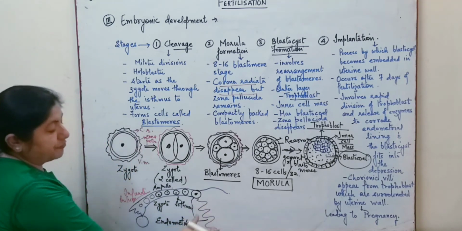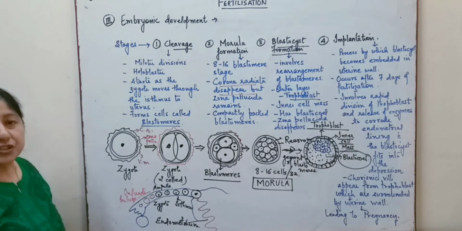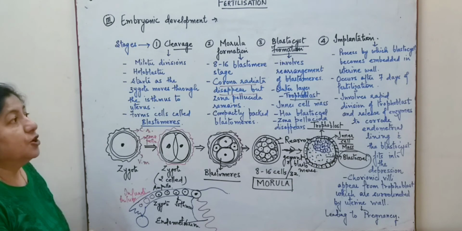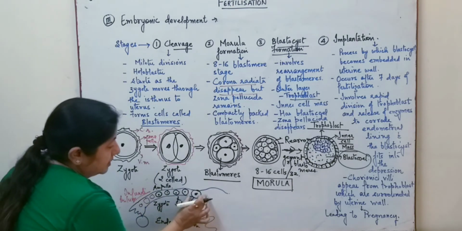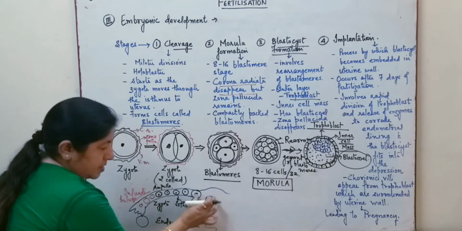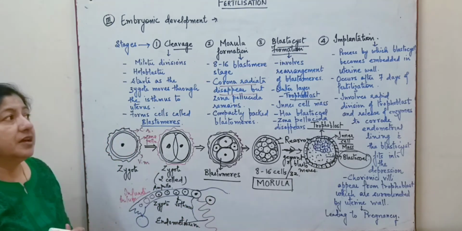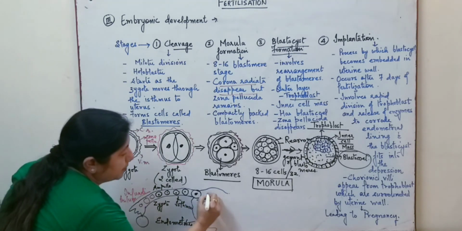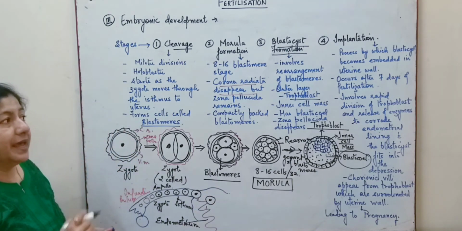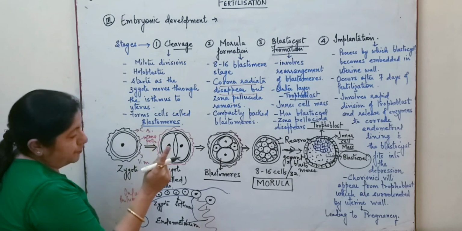Now this endometrium at the time of implantation is very, very thick and richly supplied with blood capillaries. So the next stage is the implantation, where the blastocyst will be embedded in the uterine wall, and it occurs after 7 days of fertilization.